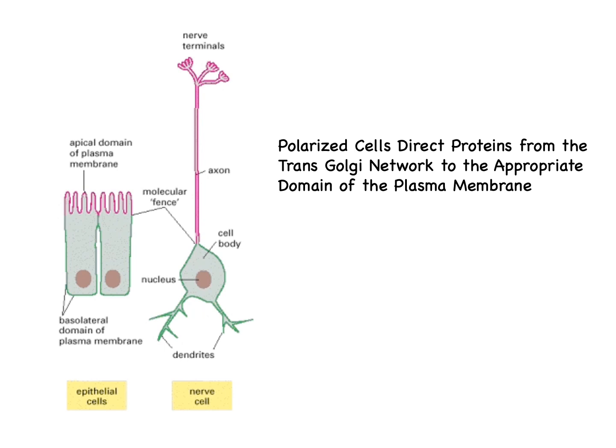Now, some cells are polarized so that they can release contents in one direction versus the other. And here's a couple of examples. Epithelial cell releasing contents into the outside of the tissue. And then the other one is a nerve cell.